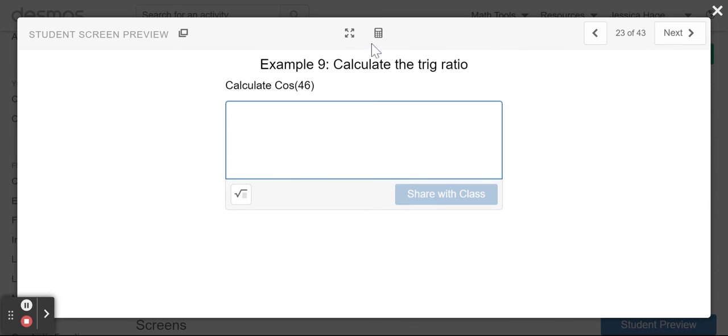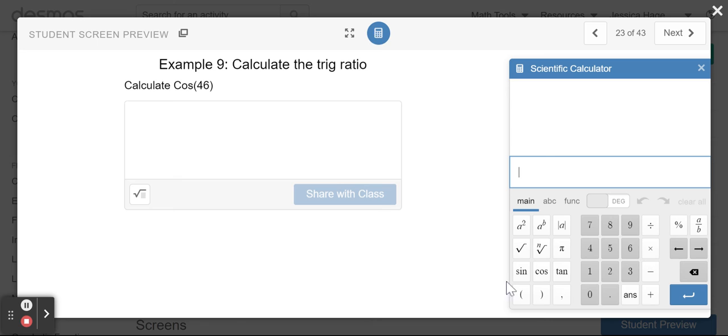So the cosine of 46. Again, we can just type in cosine 46. Okay, it is in degrees. Okay, don't push that button. If you are to go to the Desmos calculator outside of this, make sure that you click degrees after you click the wrench in that toolbar.